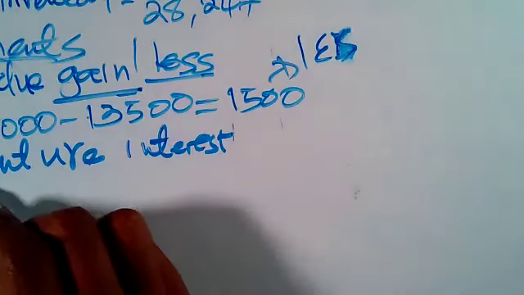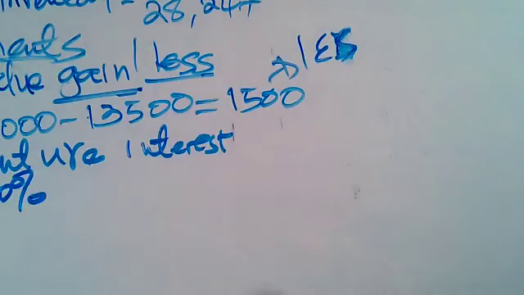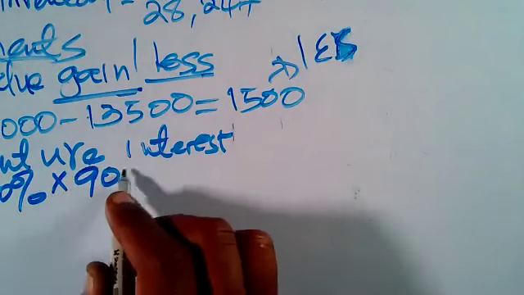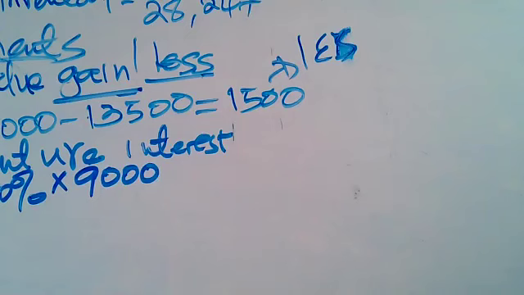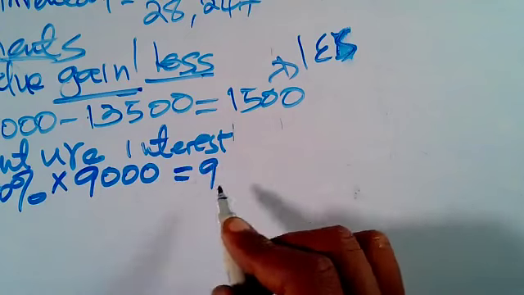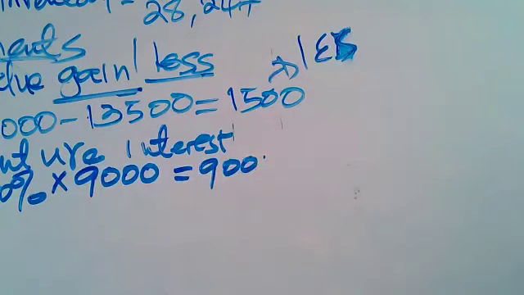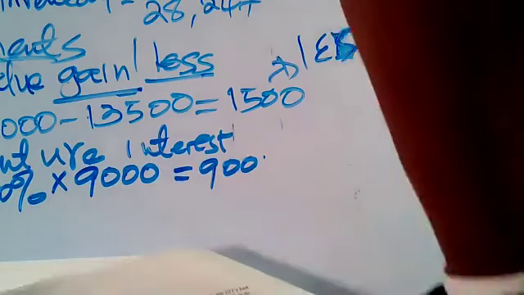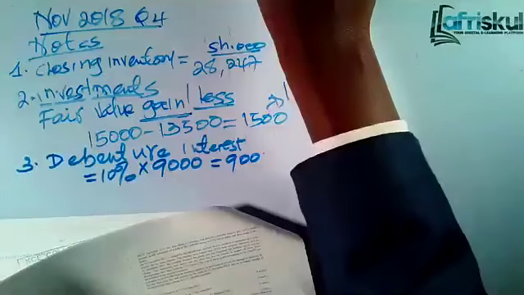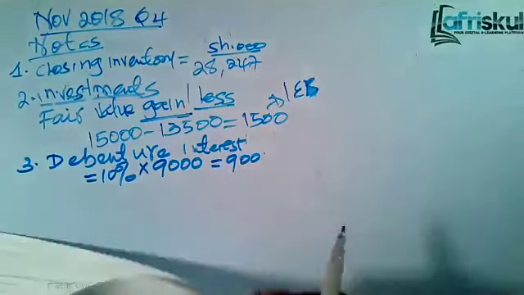The rate of interest is 10%, so you'll take 10% of 9,000, and in our case, you will get 900.